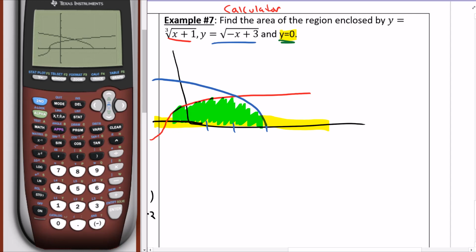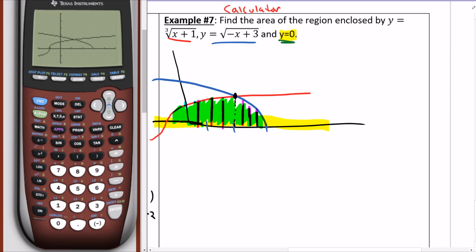What I want to point out here is you could do this in several ways, right? You could do 2 separate intervals. Notice there's 2 regions here: there's this one over here, and then there's this one on the right.